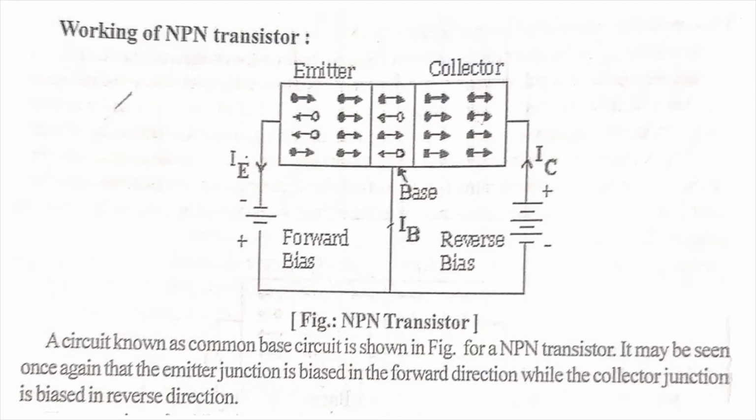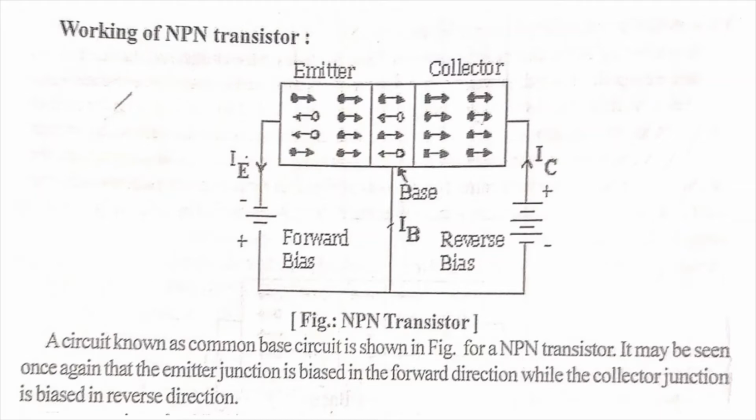The operation of the NPN junction transistor is similar to the PNP type, but the bias voltage polarities are reversed and the current carriers are electrons instead of holes.